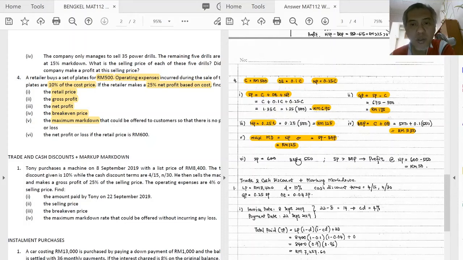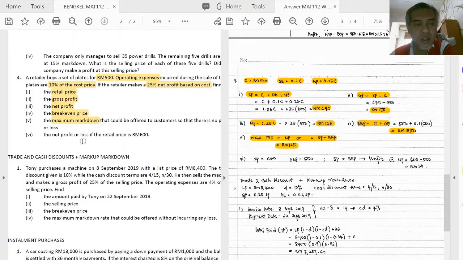So the retailer can lower its selling price by a maximum of 125 ringgit from the original selling price. That means the lowest it can go is by selling it at 550 ringgit.